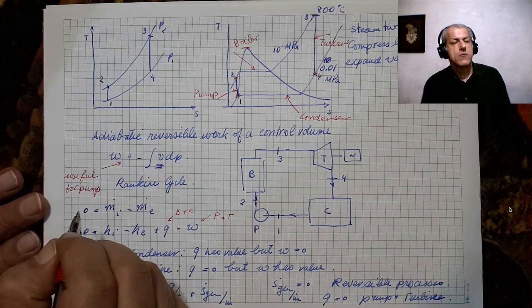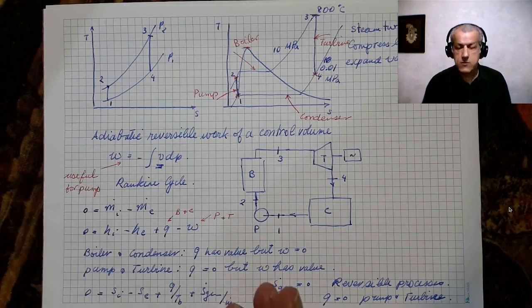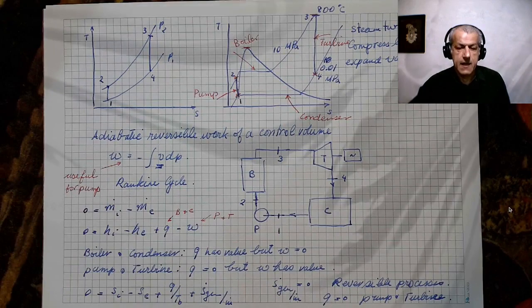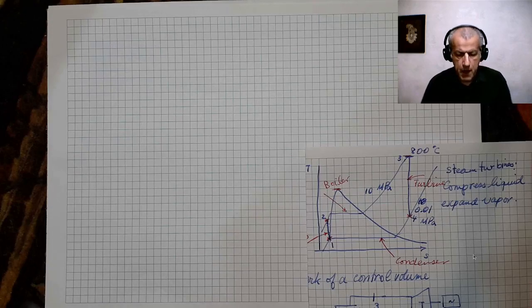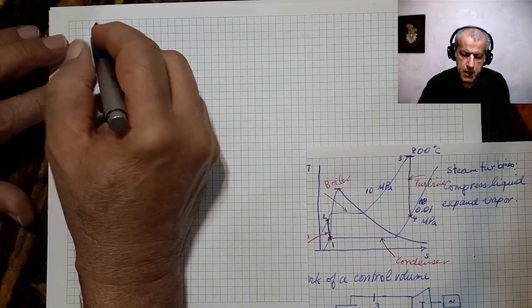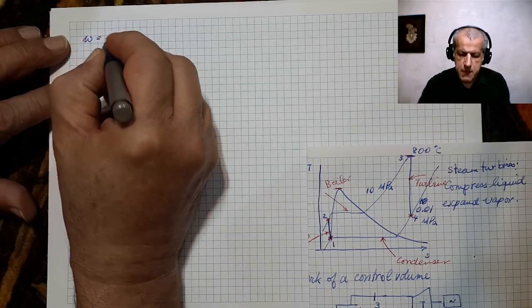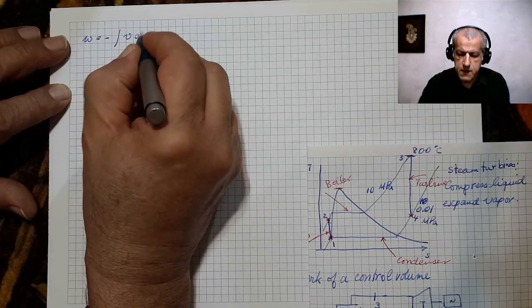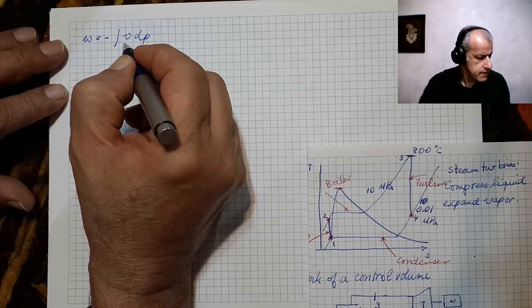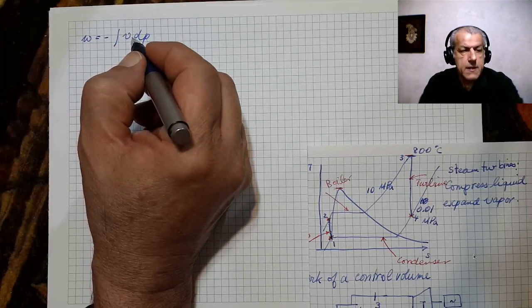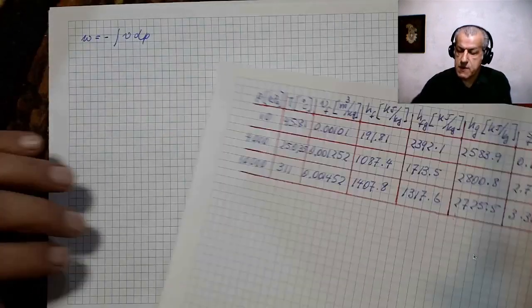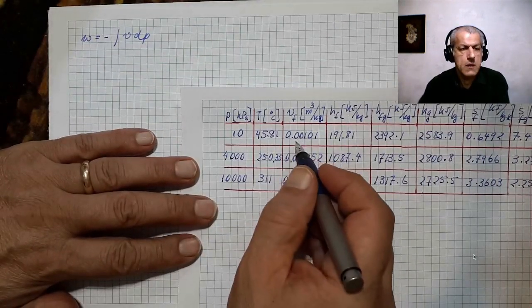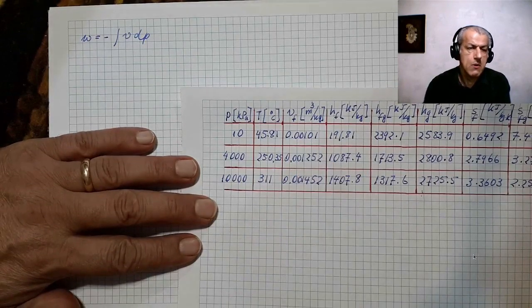And this is what we have for our calculation. This is the general scenario that we have for our calculation. Now we start with the pump, and we know that for the pump, W equals minus integral VdP. And we know that the specific volume for point 1 is 0.00101.